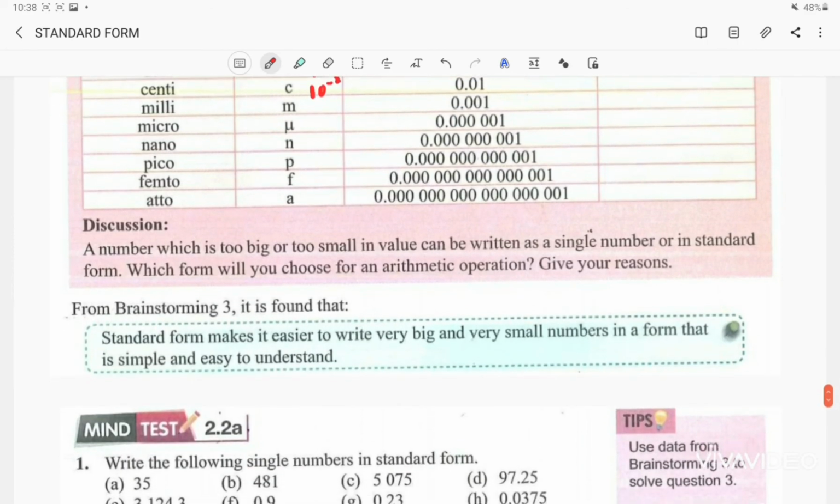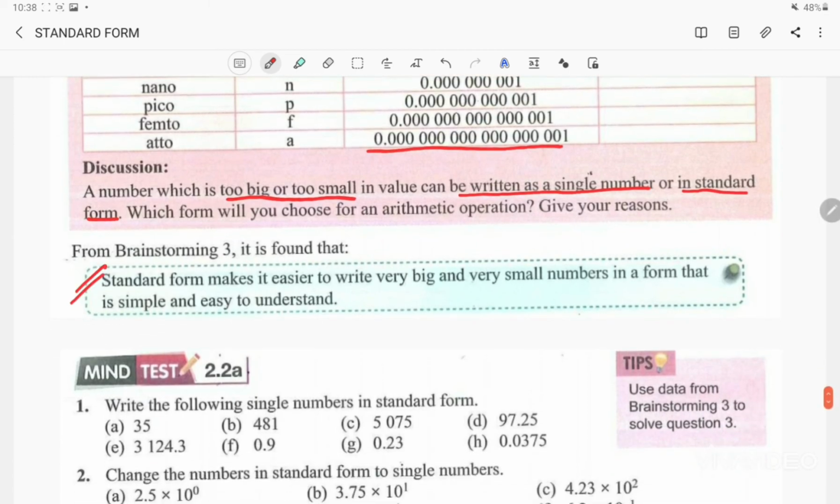A number which is too big or too small in value can be written as single number or in standard form. Which form will you choose for arithmetic operations? Bila nak buat calculation, paling mudah adalah kita tukarkan value yang very big and very small ini ke dalam standard form.